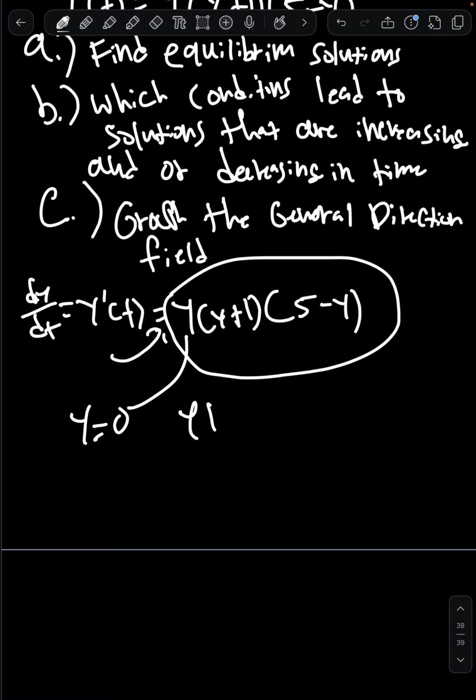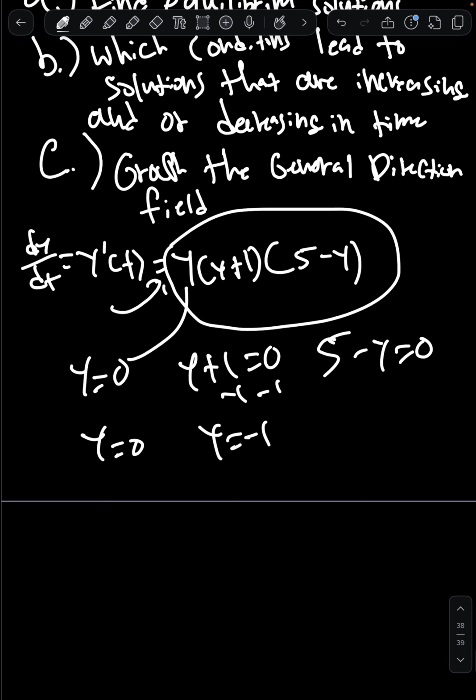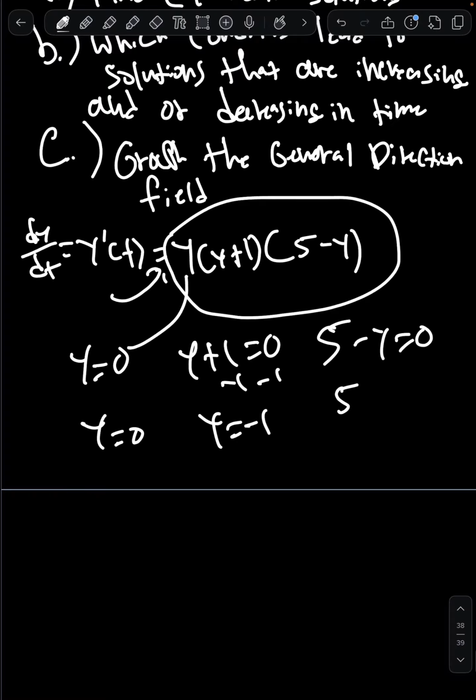And we have y plus 1 equals 0, and 5 minus y equals 0. For this one, if we subtract 1 from both sides, we get y equals negative 1. And for this one, 5 minus 5 equals 0, and we know that's true. So that means that y equals 5.